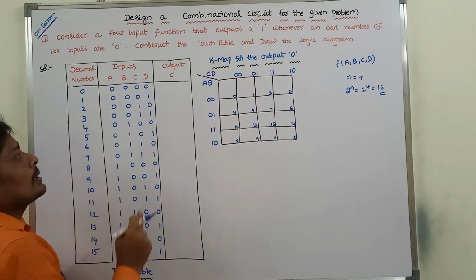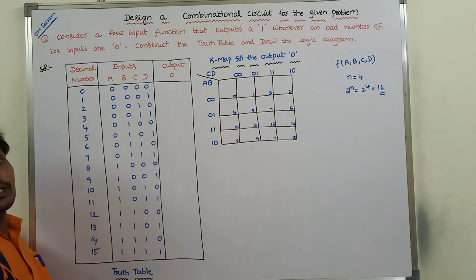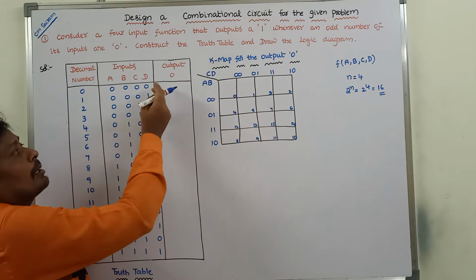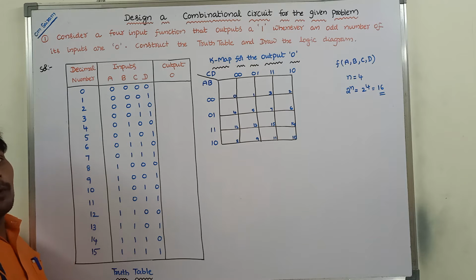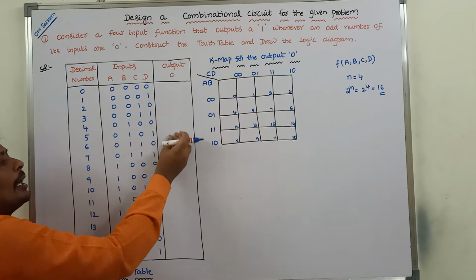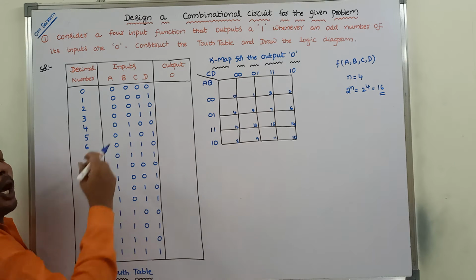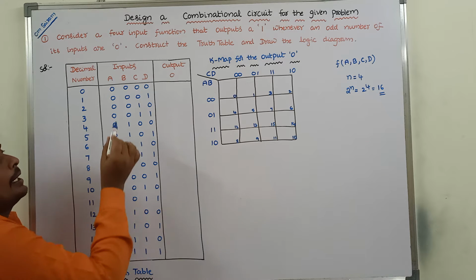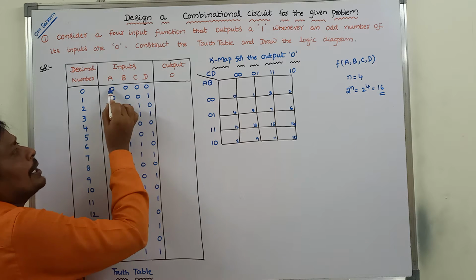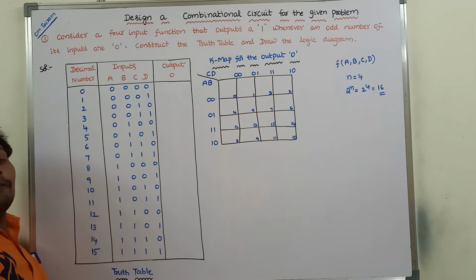Now the last column is the output column, denoted by O. How do we find the output value? If the number of zeros in an input combination is an odd number, then the output is 1. Otherwise, the output is 0.